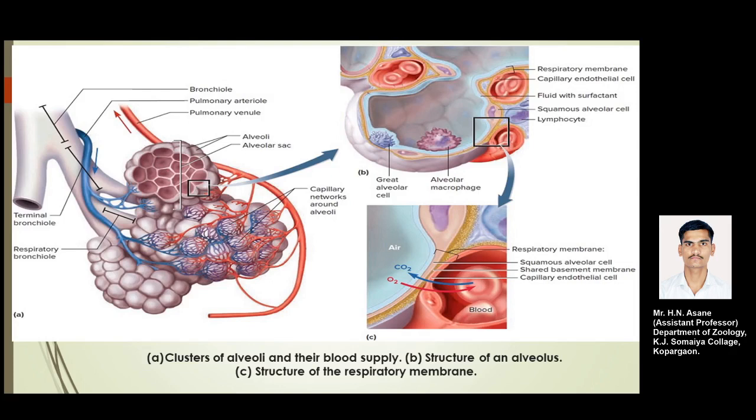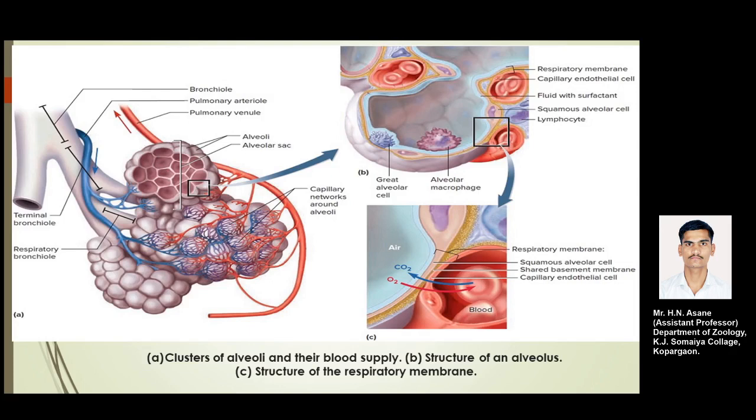Okay, so you know that the diffusion occurs from the high concentration to the low concentration. As we know, in the less oxygenated or non-oxygenated blood the carbon dioxide concentration is higher and the oxygen concentration is lower.